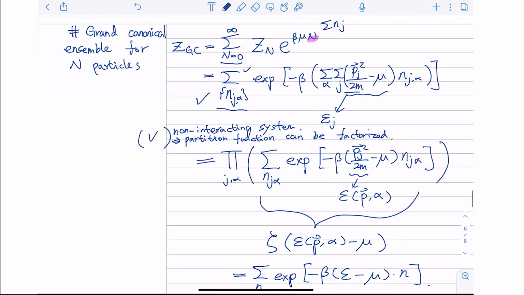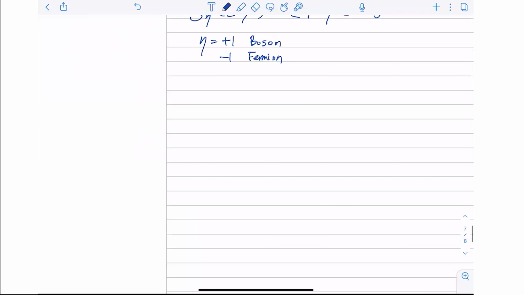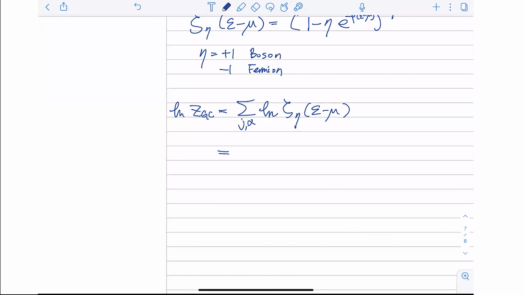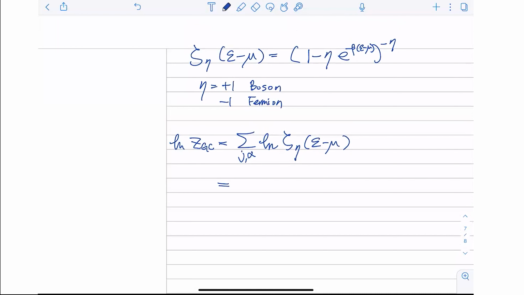So if we try to take the natural log of this grand canonical partition function, eventually what we will have is this.